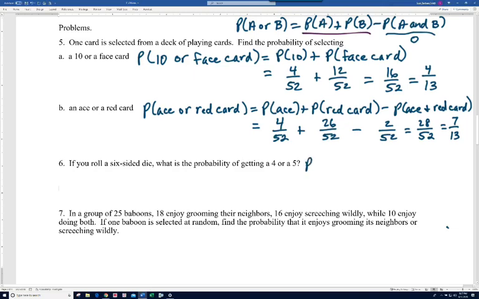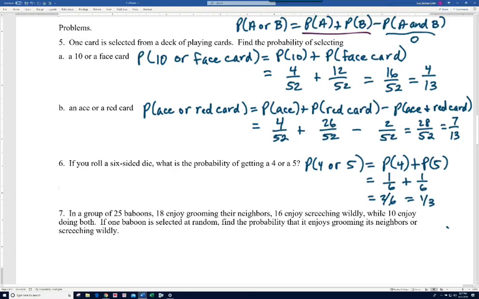So the probability of getting a 4 or a 5 is equal to the probability of getting a 4 plus the probability of getting a 5. Well, the probability of getting a 4, remember there's only one 4 on a 6-sided die, so that's 1/6 plus 1/6 probability of getting a 5. We get 2/6, which reduces to 1/3.